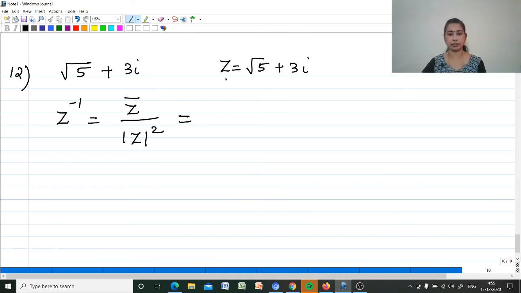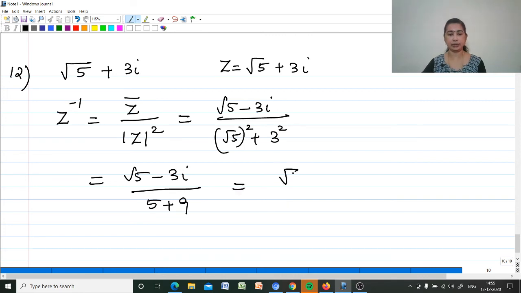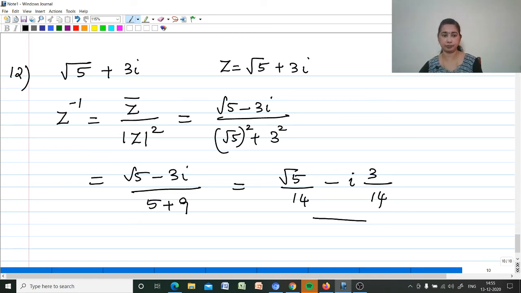Z conjugate is root 5 minus 3i divided by root 5 square plus 3 square. That is equal to root 5 minus 3i divided by 5 plus 9, or it is the same as root 5 by 14 minus i into 3 by 14, which is the inverse of z or multiplicative inverse.